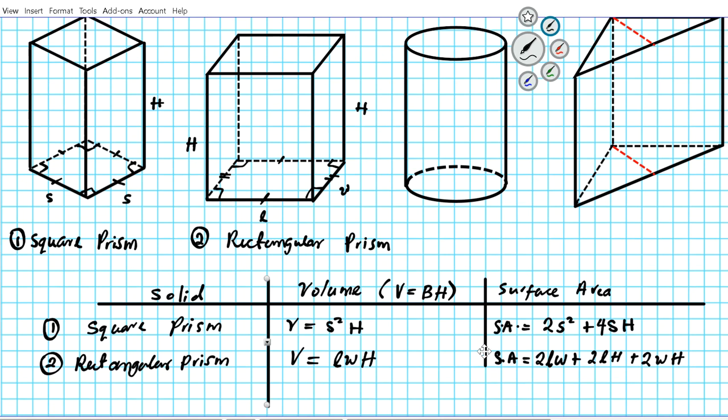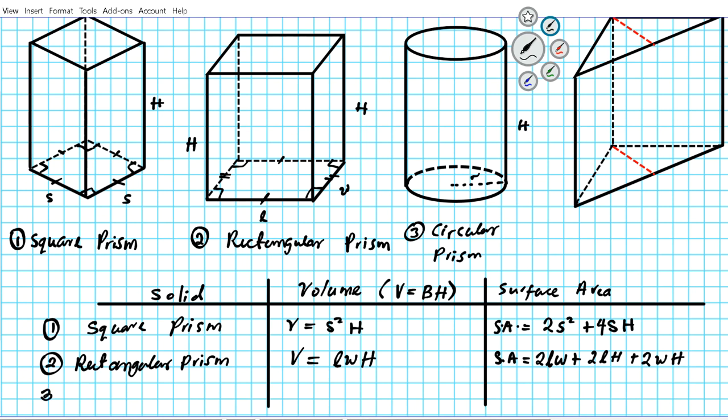All right, moving right along, let's take a look at the third solid we have here, which is your circular prism. So let's say that the radius of our circular prism is r and the height is h.